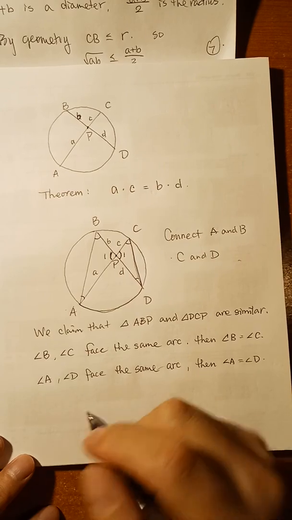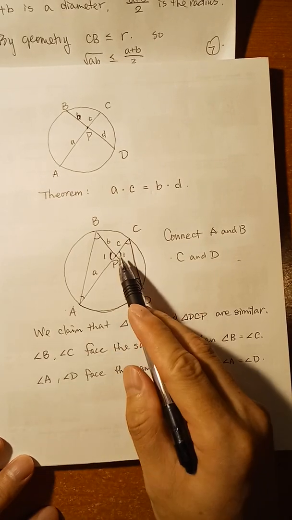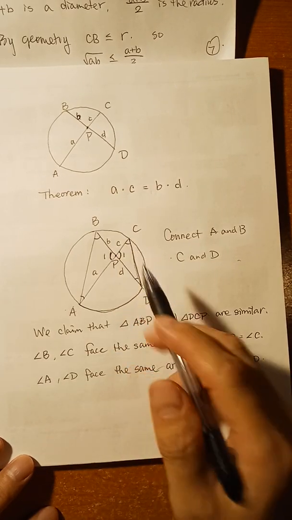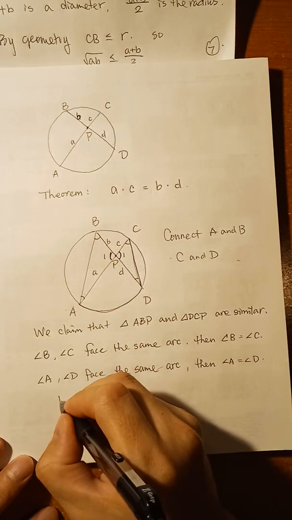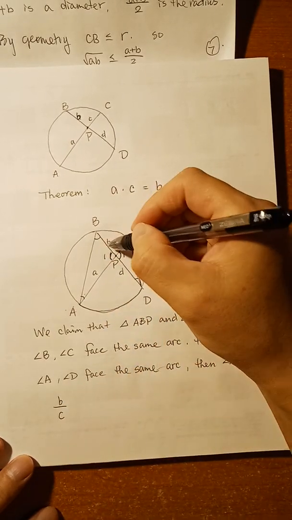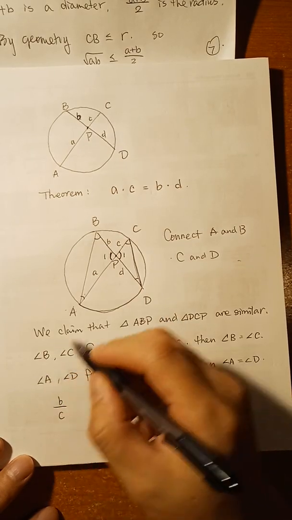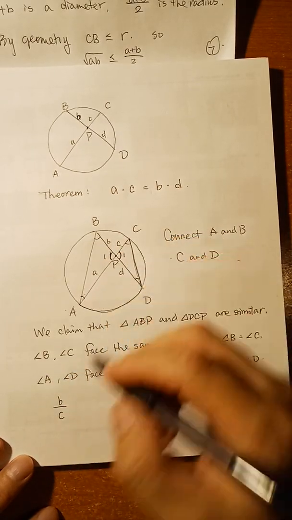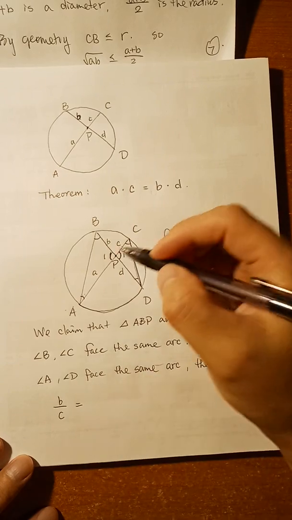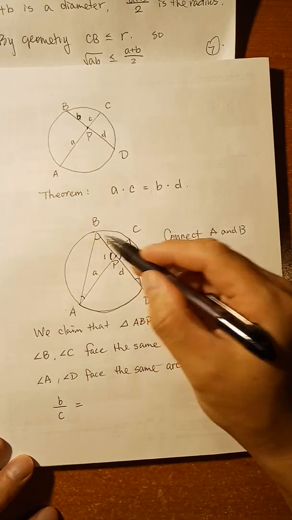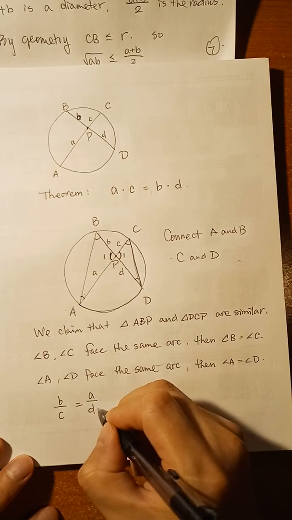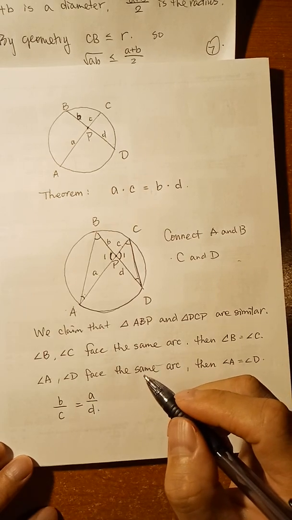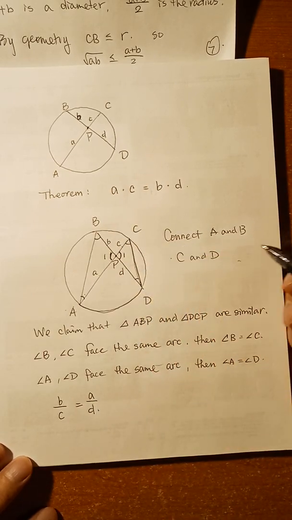For similar triangles, the corresponding sides are proportional. B faces A, C faces D. So B over C is equal to, A faces B, D faces C, so A over D. Okay, so these are the corresponding sides.